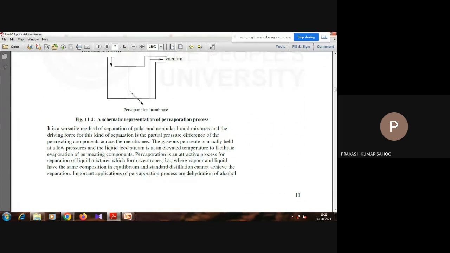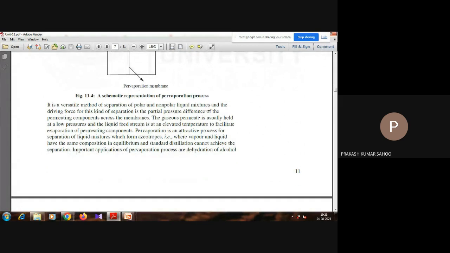Pervaporation is used for separation of polar and non-polar liquid mixtures, and the driving force for this kind of separation is the partial pressure difference of the permeating component across the membrane. The gaseous permeate is usually held at low pressure, and the liquid feed stream is at elevated temperature to facilitate evaporation of permeating components. Pervaporation is an attractive process for separation of liquids which form azeotropes.